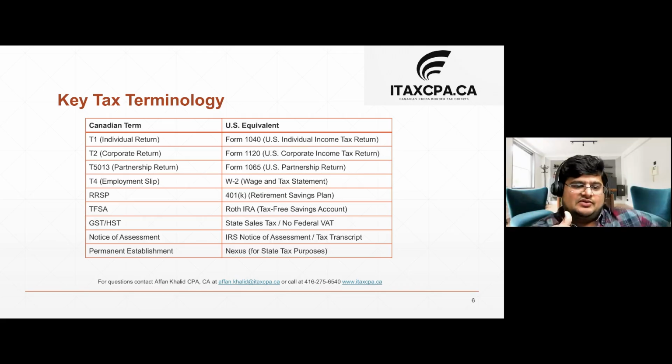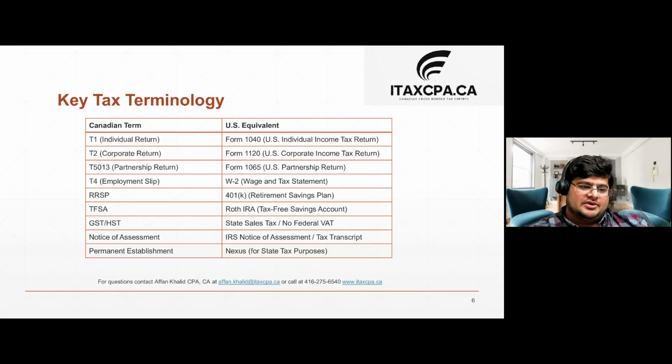Notice of assessment, this is the term, or we also call it NOA for short. A notice of assessment is provided to taxpayers when they file either their income tax returns or corporate tax returns, GST, HST, any tax return that has a tax obligation or liability.